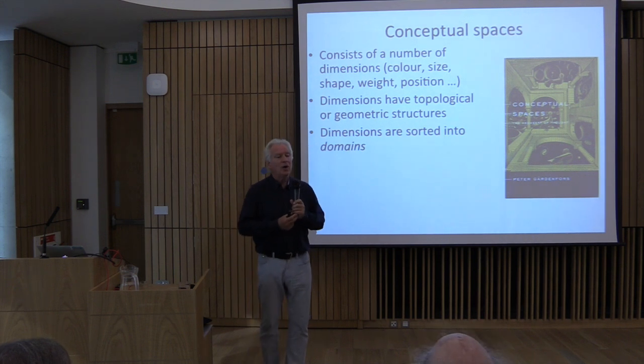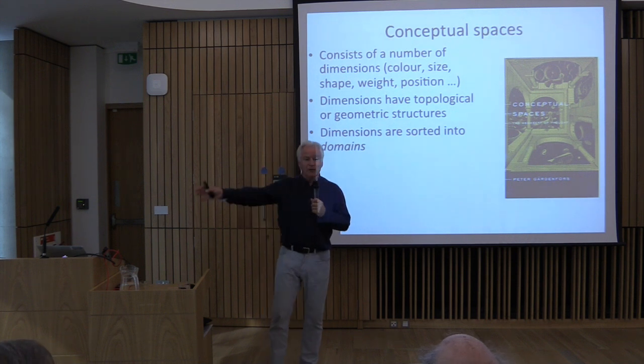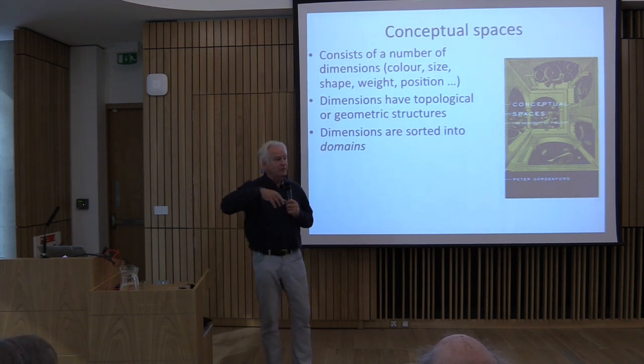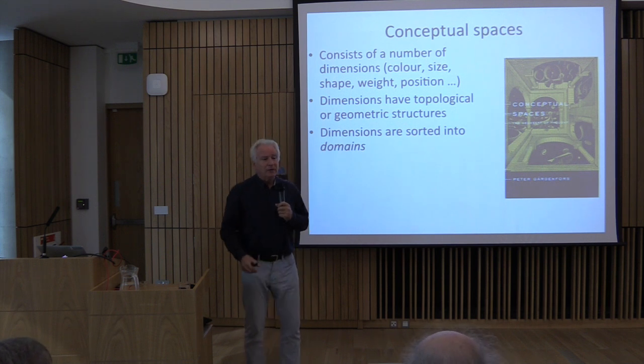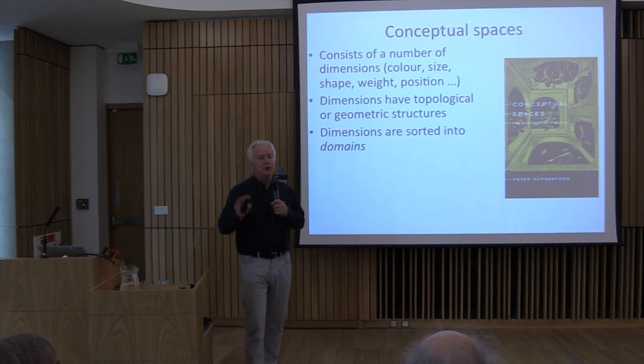And domains are bundles of dimensions that go together. So the color dimensions form a domain. The ordinary spatial dimensions, I mean the 3 dimensions of our space, form a domain. Shape space, I don't know what the dimensions of shape space are, but that's probably a fairly complicated structure, forms a domain, and so on.